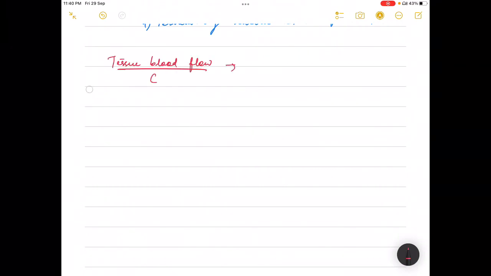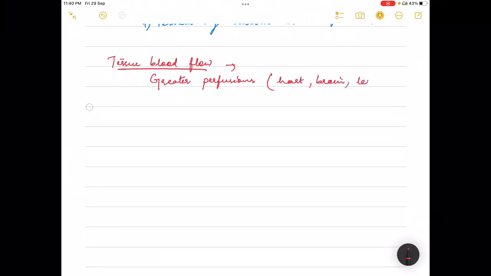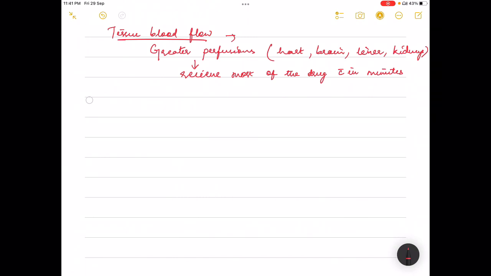So coming to the tissue blood flow. Organs with greater perfusion, like your heart, brain, liver, and kidneys, receive most of the drug within minutes. Therefore, they are more susceptible to toxicities.